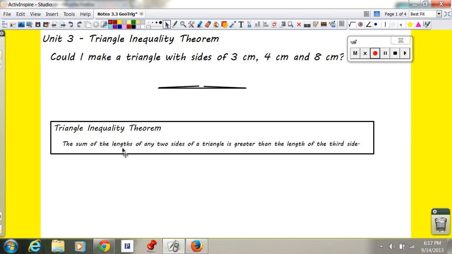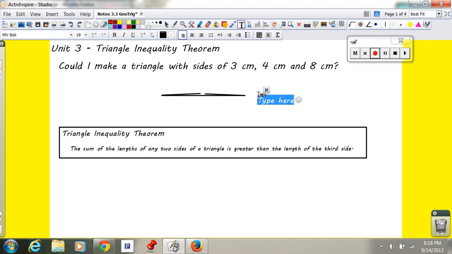The sum of the lengths of any two sides of a triangle is greater than the length of the third side. That means if I add 3 plus 4, that must be greater than 8.